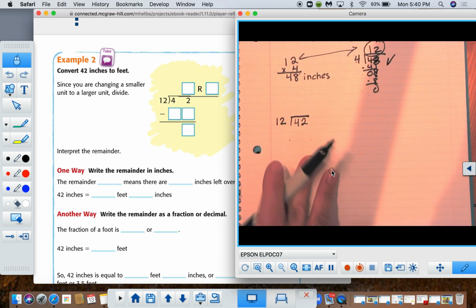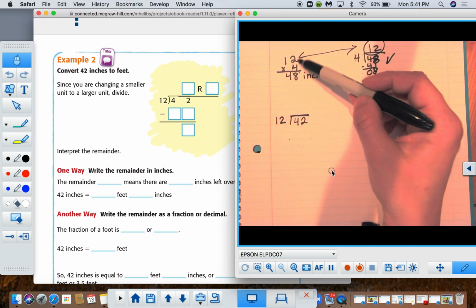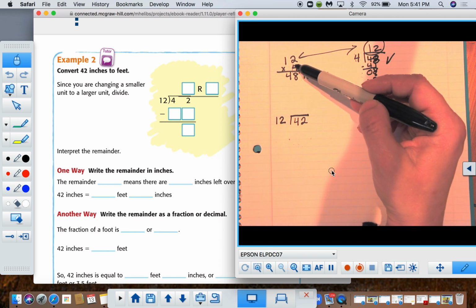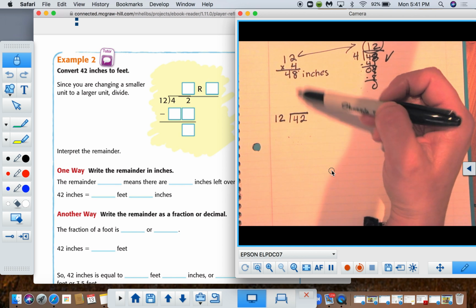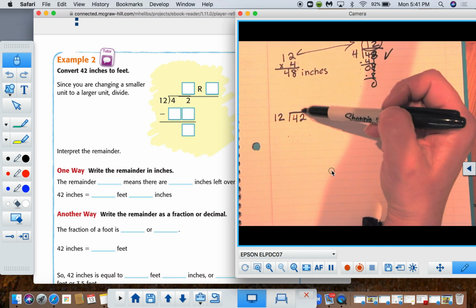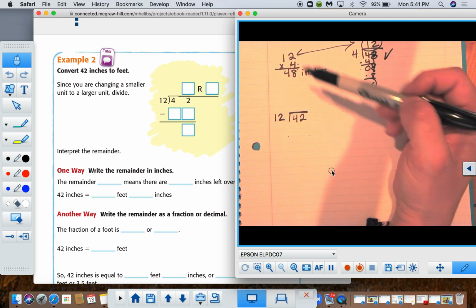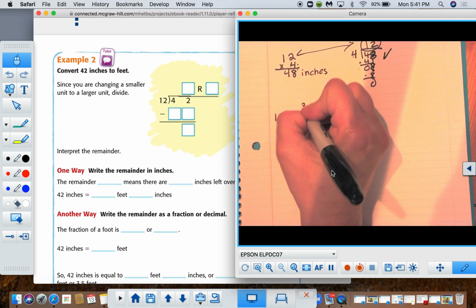Now, looking at the problem that we did for example number 1, I know that 12 times 4 is 48. So I know the number that I'm looking for up here is going to be smaller than 4. I'm going to use a 3.